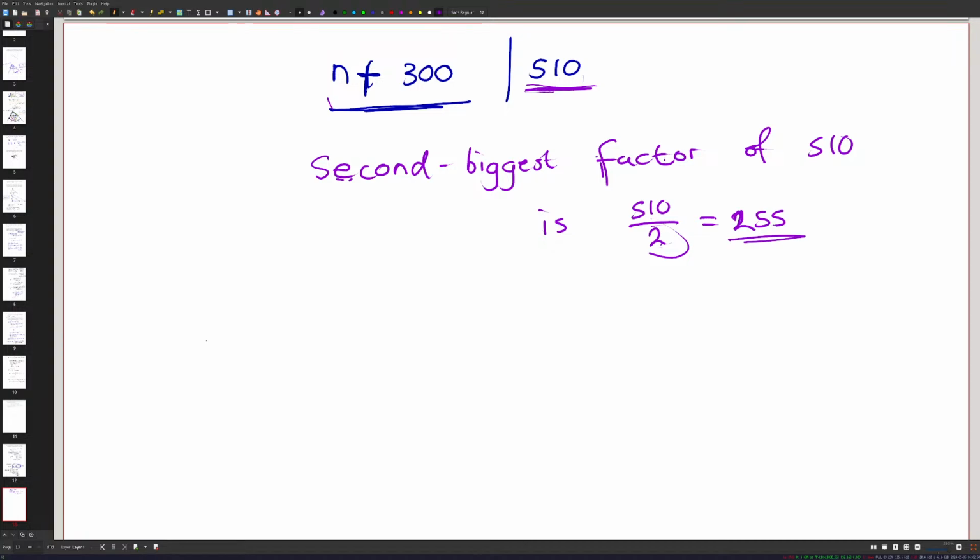So, if you were to write down all the factors, you've got 1 and 2, and 1 times 510, and then 2 times 255, and this is smaller than 300. So all of the factors except the 510 are smaller than 300.